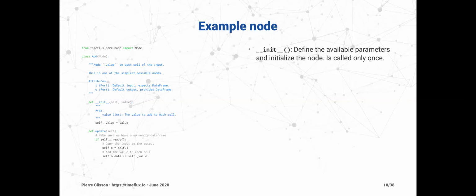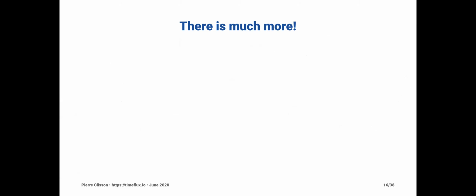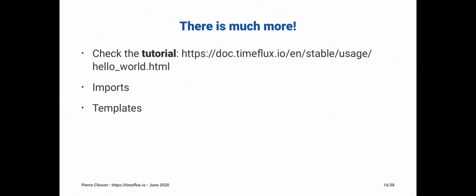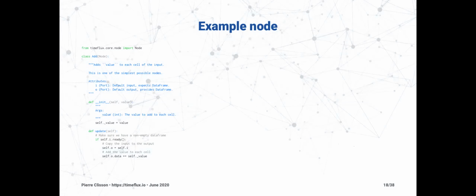pass the parameters. So remember here we have a param subject with the value key, and we pass the value 1. So that means that in the constructor here, in value, we will have 1.